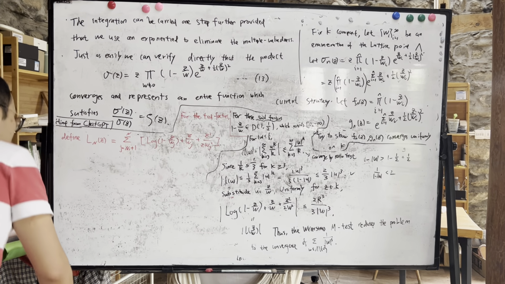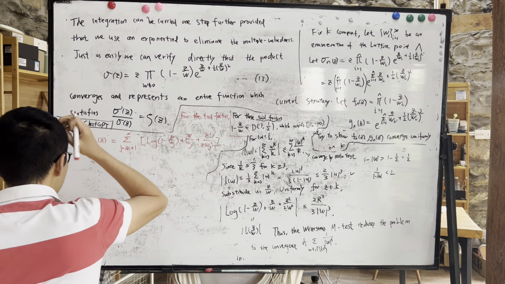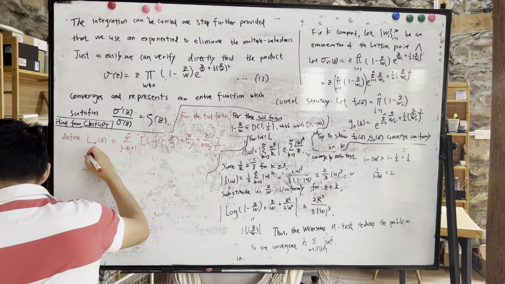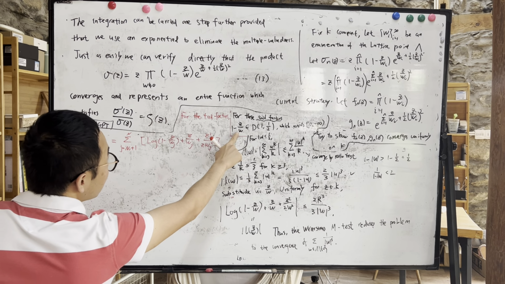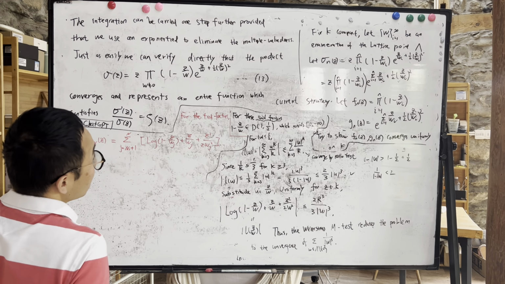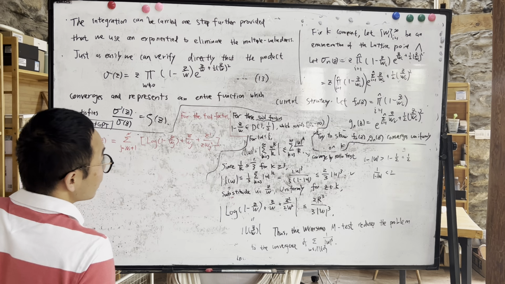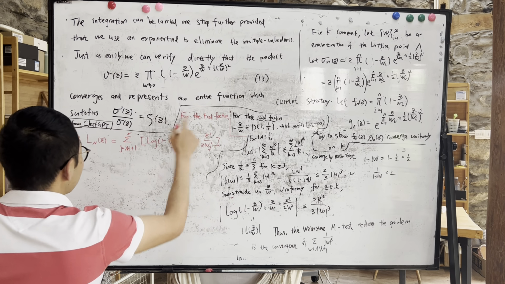So I think what he means is that for those points such that 1 minus z over omega is contained in this disk. I think this is what he means by the tail factor here.